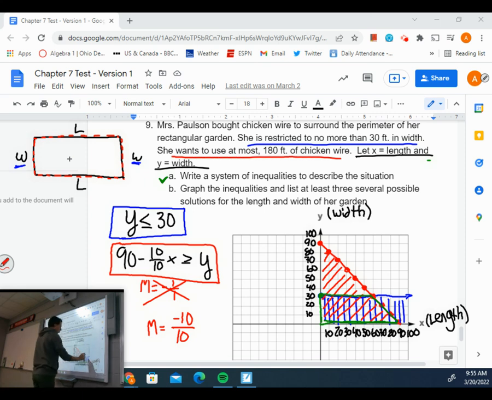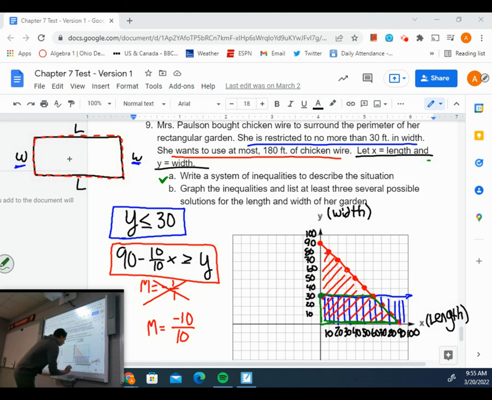Conversely, we've got this little blue region off to the right here where we have less than 30 feet of width, but your solutions there are not going to meet the criteria for the 180 feet of chicken wire. Here in green, though, you're going to meet both criteria, and this is the last step. We need to write 3 possible solutions for the length and width of the garden. Well, remember, x is our length and y is our width.